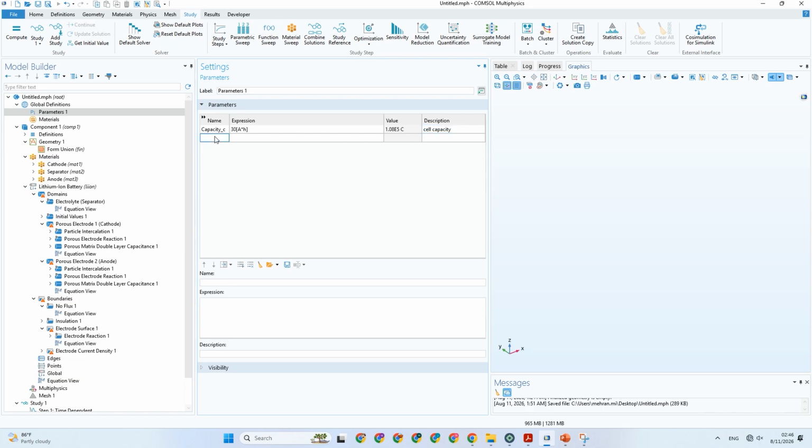And now we can define I0, or maybe I_C, that is equal to capacity divided by 1 hour.